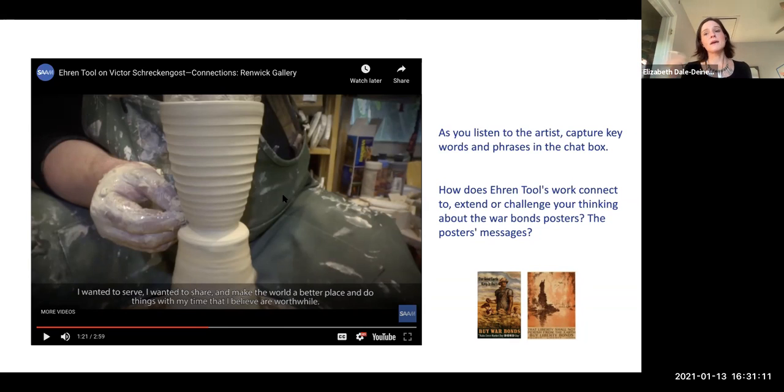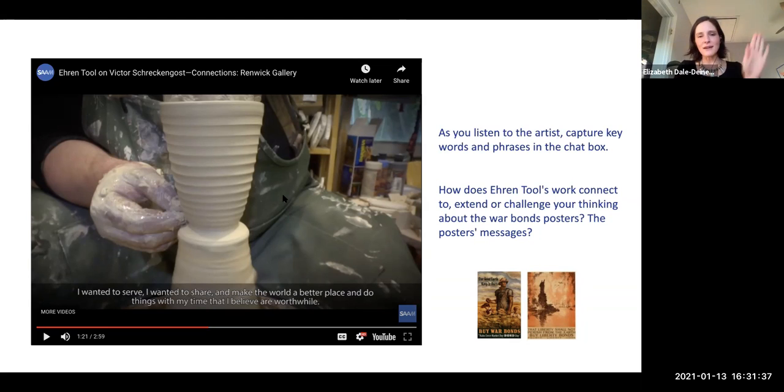And he's come to visit the Renwick Gallery, and a good number of the security folks who work in our galleries are veterans themselves, and a woman that received one of his cups while on duty was just tremendously touched to be acknowledged, and then also to have a work of his that is in the place that she guards now. And so he's doing a lot with his work.